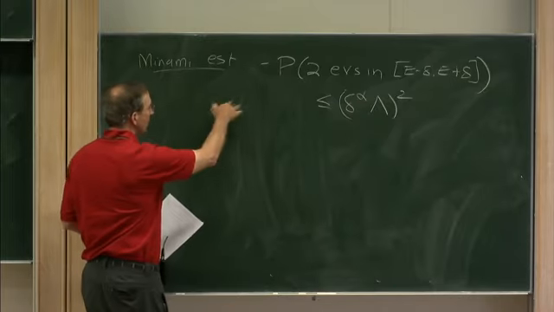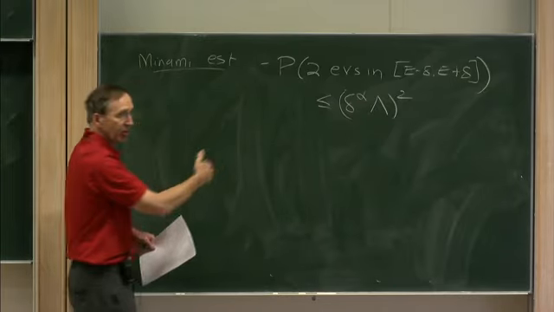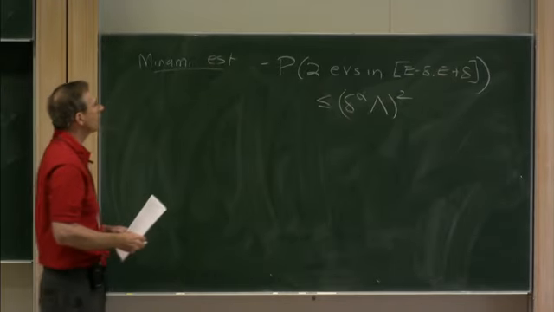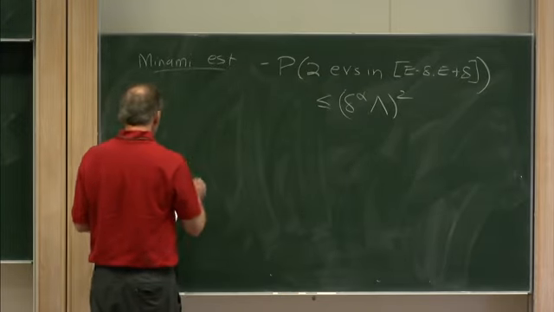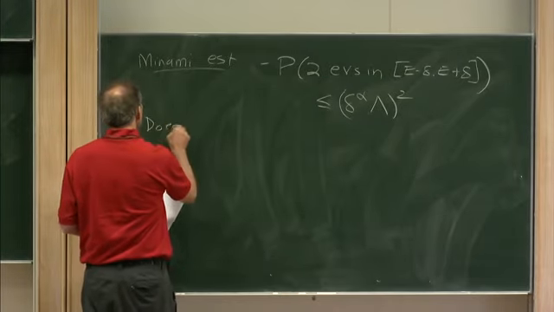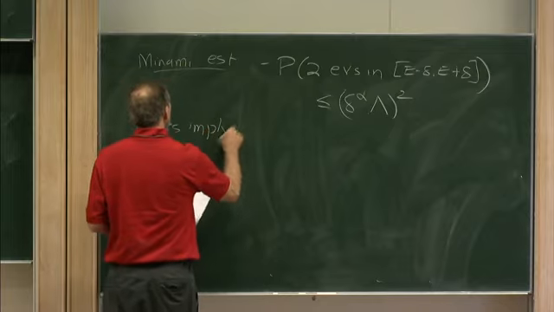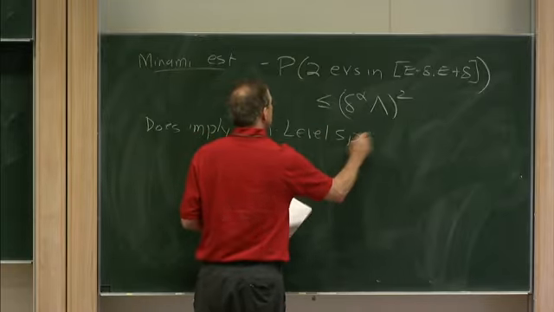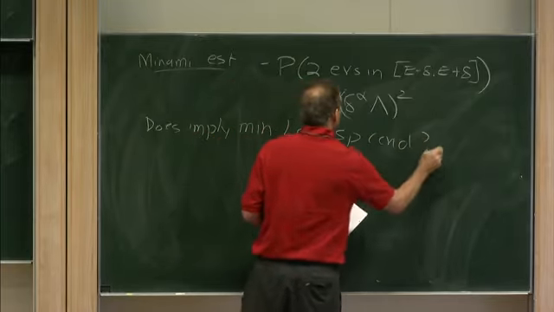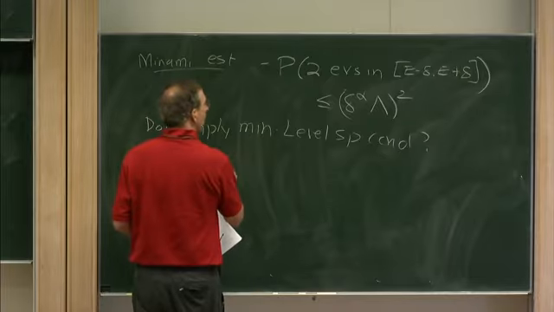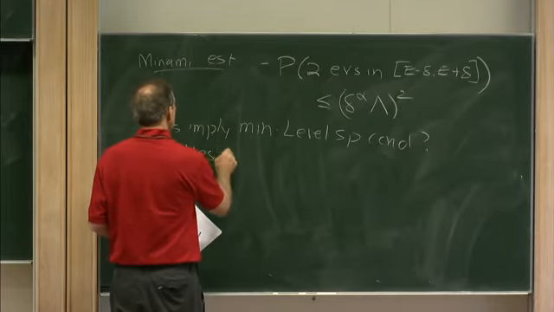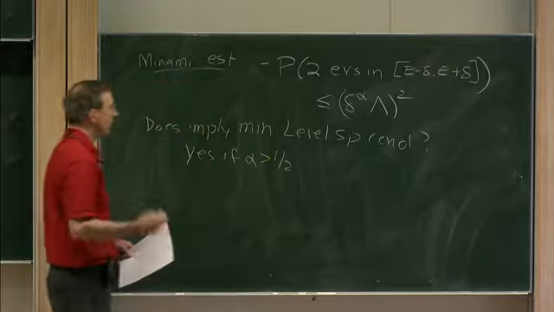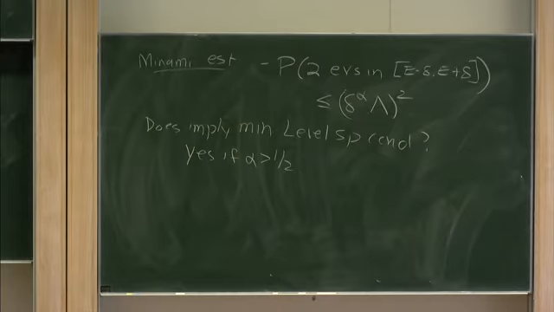And many good things fall from this: Poisson statistics, AC conductivity, things like that. But as far as the level spacing condition, the answer is yes if alpha is bigger than 1/2. This is the condition which came into Abel's talk as well.